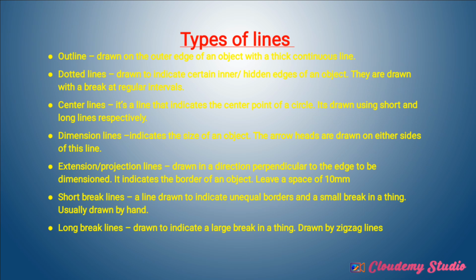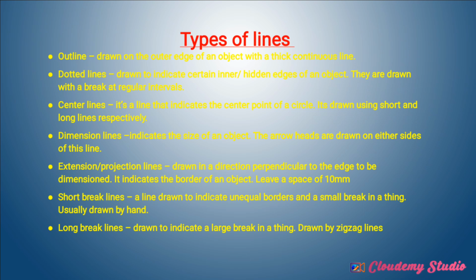Then we have the center line. The center line is used to dimension the center of a circle, and it's illustrated by short and long dashes that are uniformly spaced. So if you are drawing any circle, and the question has told you to dimension it, you'll have to use a center line.